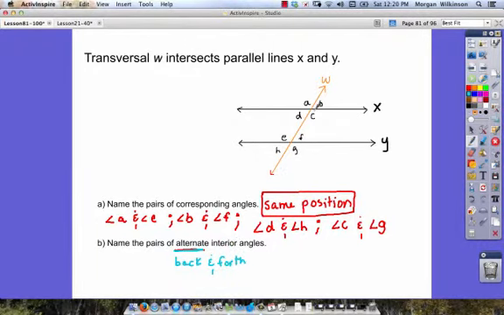So we want angles on the inside of our parallel lines in this region that are opposite, or back and forth from each other. So F and D must be back and forth from each other. So we'd have angle F and angle D. That's one pair of alternate interior angles because they're across or back and forth from our transversal. And angle E and angle C.